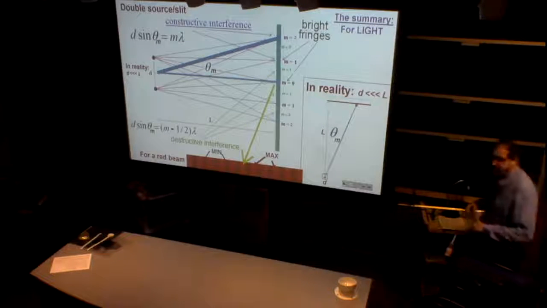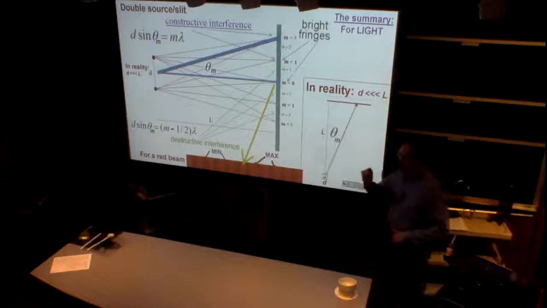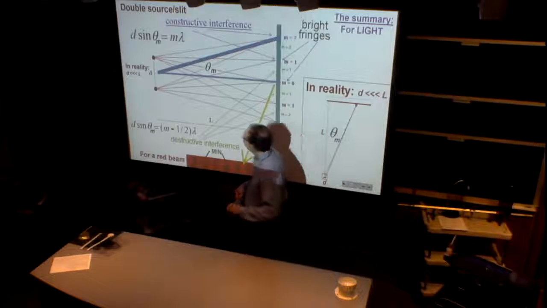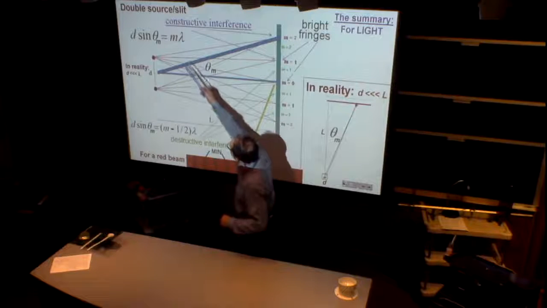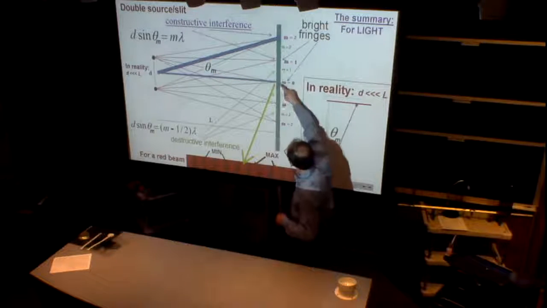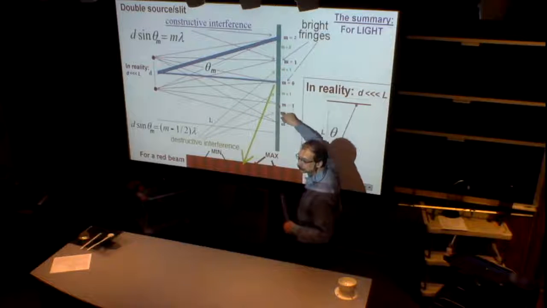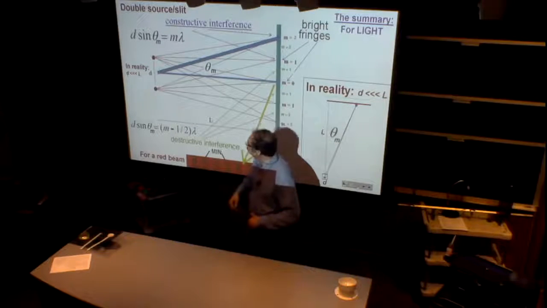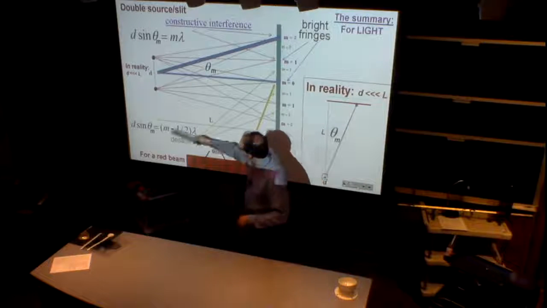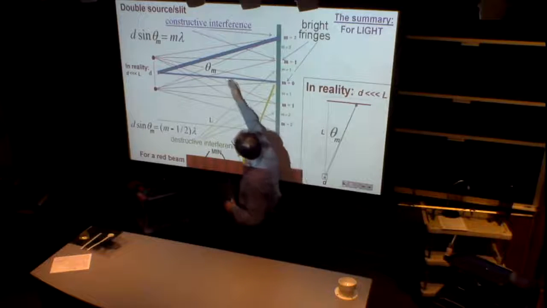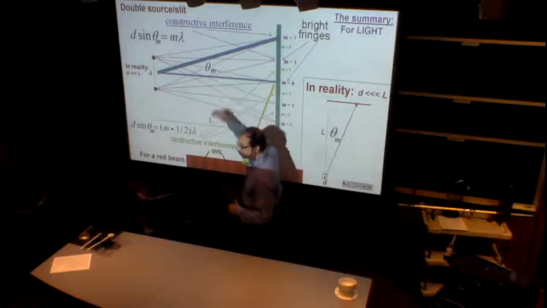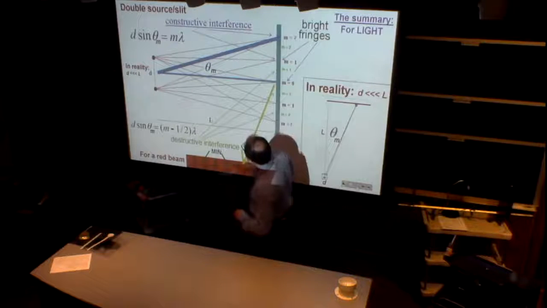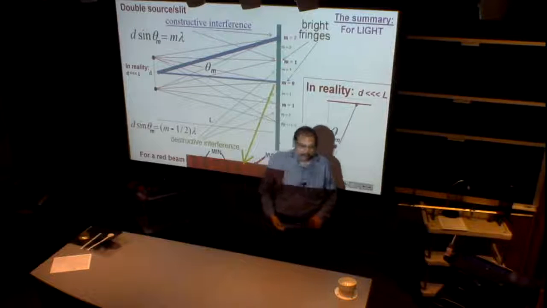Again, d represents the distance between two sources or slits, a tiny number. And m represents that counting number, 0, 1, 2 for a maximum, or 1, 2, 3 for the minimum. And theta is the angle we should measure with a protractor to observe the mth maximum or the mth minimum. That's it.